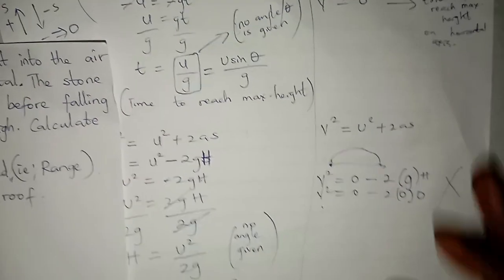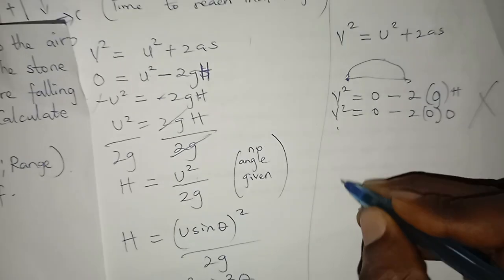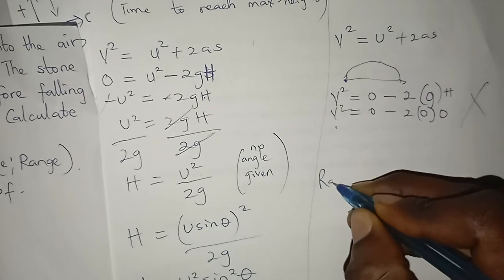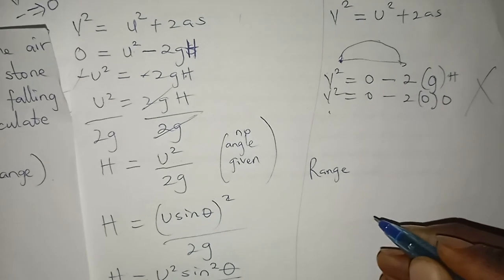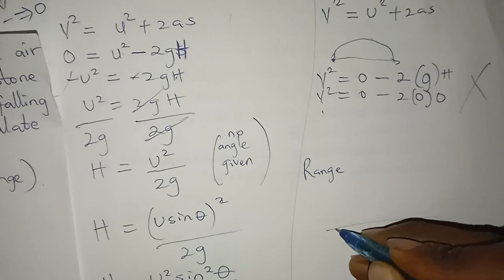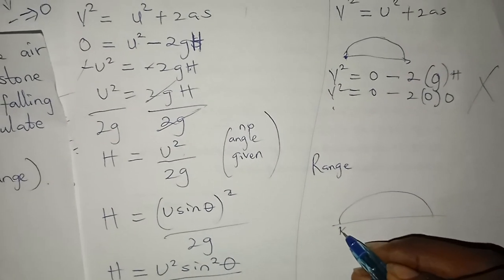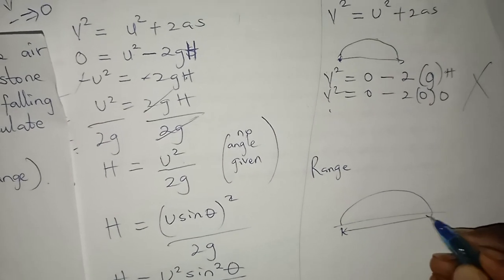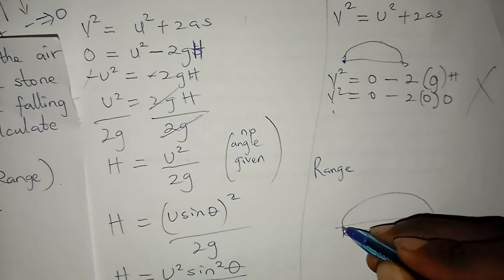So for that reason, we move to what we call range for the horizontal axis. Range talks about the distance from this end to this end of the projectile's path.